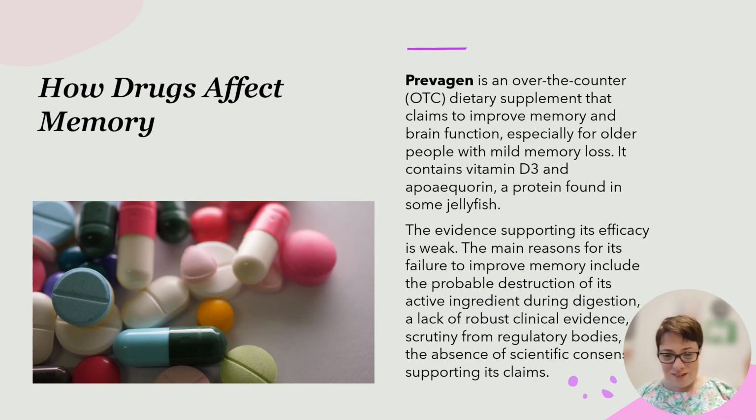Okay? Does that seem like a magical cure-all? Probably not, right? And so the biggest problem with Prevagen is that they're claiming that their active ingredients support memory retrieval in older adults.